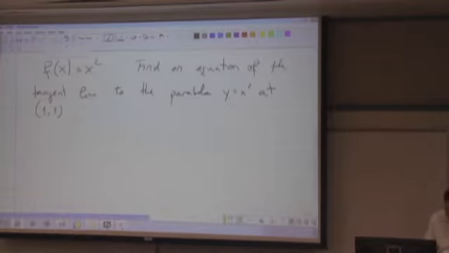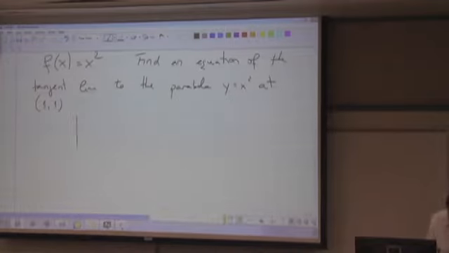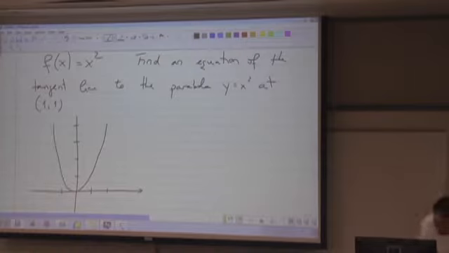So let me try and actually graph this. More or less. So what we're interested in is that particular line, right?